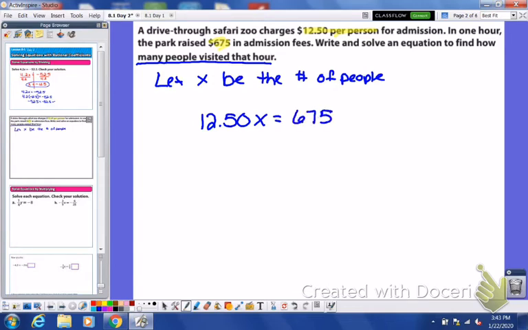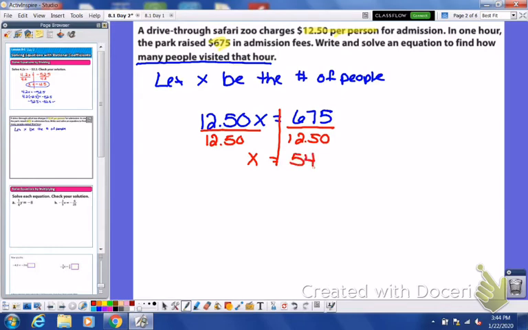So now we solve. Now that I have my equation, drop our line down. I see I'm multiplying because there's no other operation shown here. So we're going to divide both sides by $12.50. So x equals, if I do 675 divided by 12.50, 54.